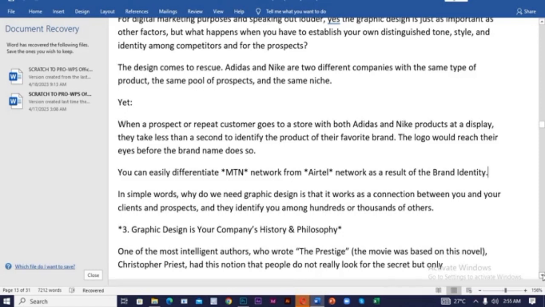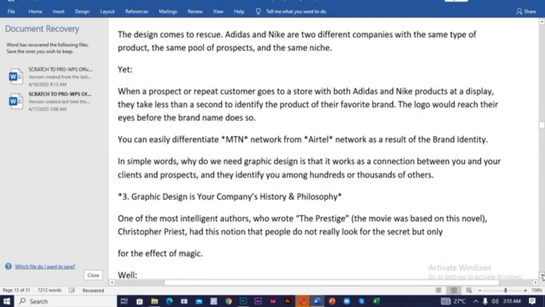So when you see Adidas, you know, wow, this is Adidas, this is original. When you see Nike, you say, wow, this is Nike and this is good. So that is one of the importance of brand identity. It differentiates you from your competitors. Okay, so you can easily differentiate MTN network from Airtel network as a result of their brand identity.